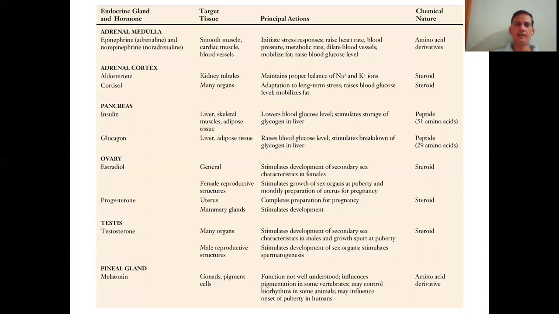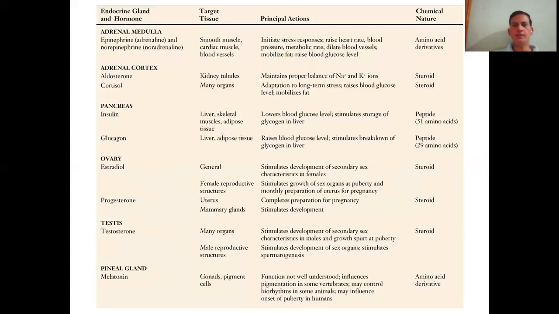Another gland is ovary, which is secreting estradiol and progesterone. So estradiol has many functions. It has general functions and also on the female reproductive structures. So generally it stimulates development of secondary sex characteristics in female, and also it stimulates growth of sex organs at puberty and monthly preparation of uterus for pregnancy.